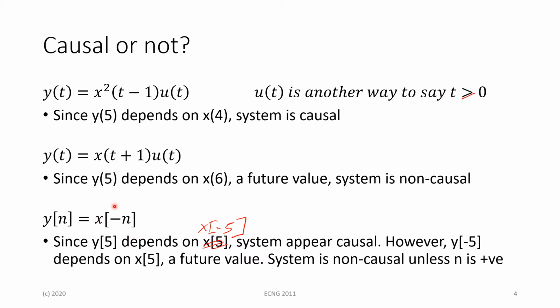So in this particular case, where the instance here is negative 5 on the output, but the instance on the input is positive 5, depending on the future value of the input, the system will be non-causal. However, so long as n remains positive, on the other hand, the system is causal.